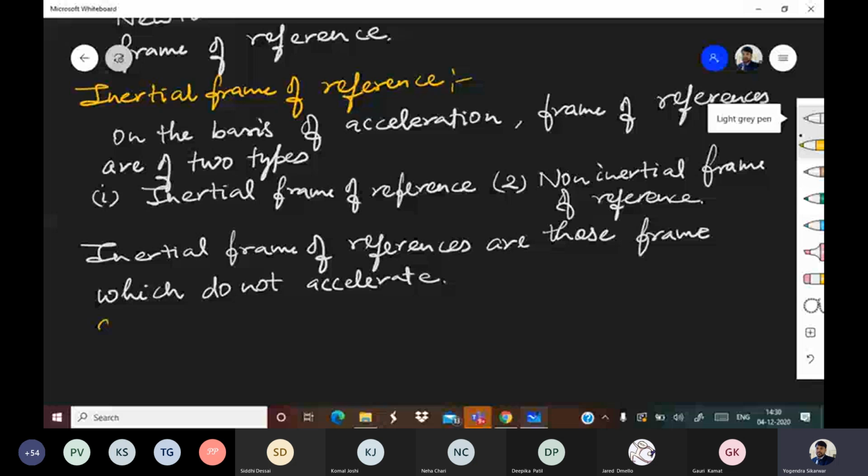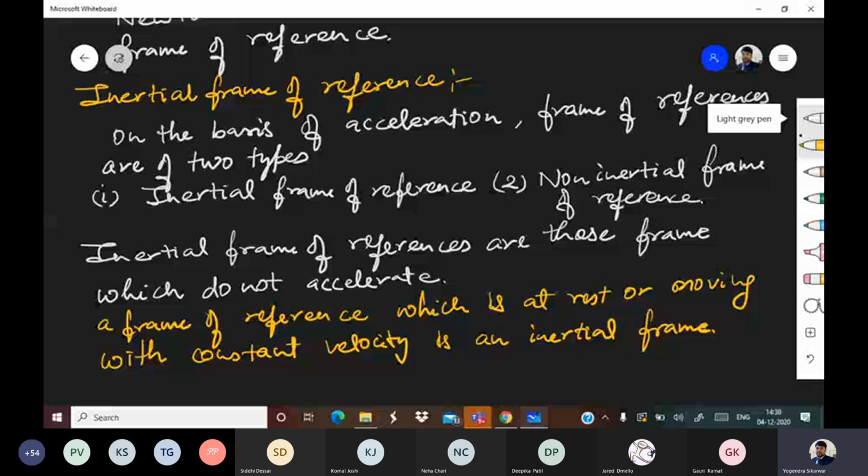So what is an inertial frame? Such a frame of reference which is either at rest or moving with constant velocity is an inertial frame of reference. Now, what is a non-inertial frame of reference?